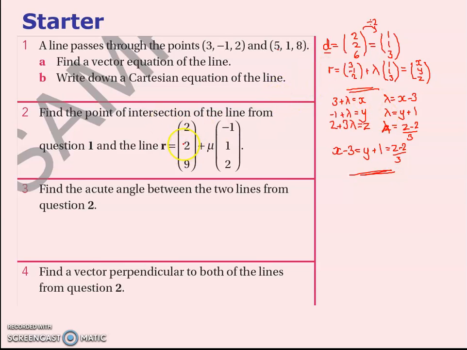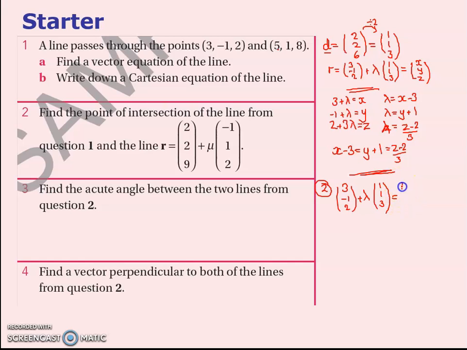Find the intersection of this new line, okay, with the last line in question 1. So that was this one here. Okay, now to find the point of intersection, you basically have r equal to this and r equal to that. So you set them equal to each other. So question 2, I'm going to write 3, minus 1, 2. This is my first line, plus lambda 1, 1, 3. Now I'm pleased I used lambda because my second one is actually, they've used mu already.